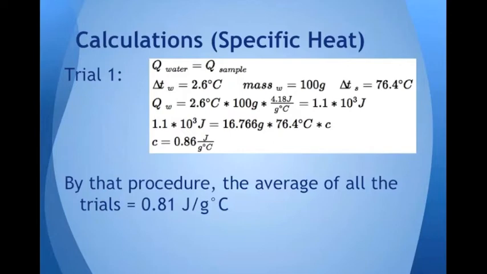Now, when we had the Q for our sample, we were able to also use the delta T for our sample and the mass for our sample to solve for C, or the specific heat for our sample. In the example here, we got about 0.86 joules per gram degrees Celsius, but our average was closer to 0.81 joules per gram degrees Celsius.